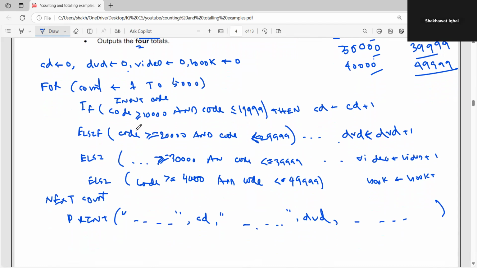You have to figure out what is the mathematics behind it. Then you have to use an if conditional statement. Then the following variable will be increased or decreased by 1. So that's it for today's lecture. We will solve more questions in our upcoming classes regarding counting and tutoring. Okay. Thank you very much for watching.